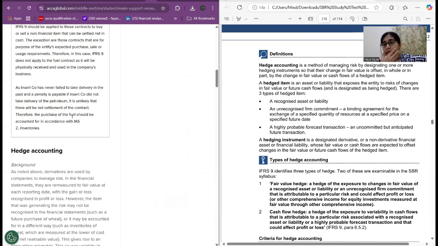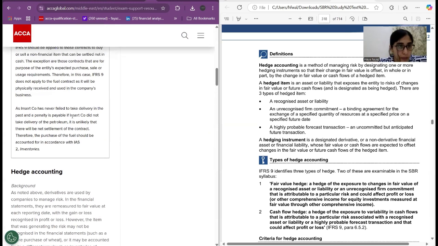So what happens in net settlement is that we try to use derivative contracts. We try to net it off against the actual hedged item. What happens if, for example, there was a loss in the fuel contract? Maybe we are trying to buy fuel, right?